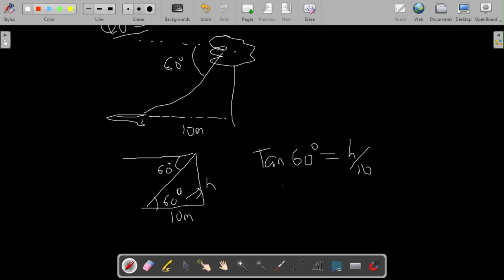So h, you cross multiply, equals tan 60 times 10. And don't forget, tan 60 is what? Root 3. So your answer is 10 root 3 meters.